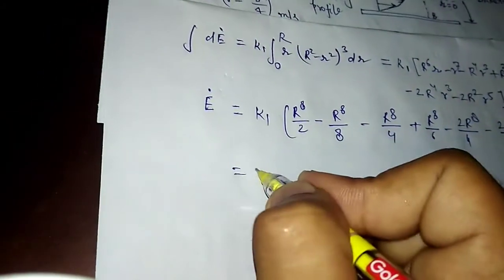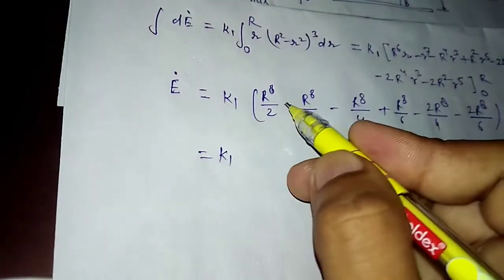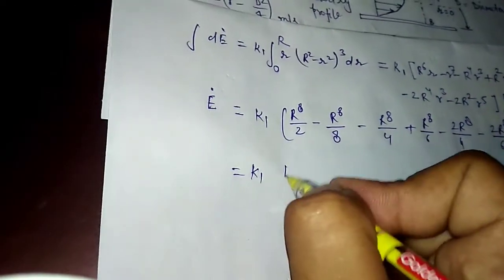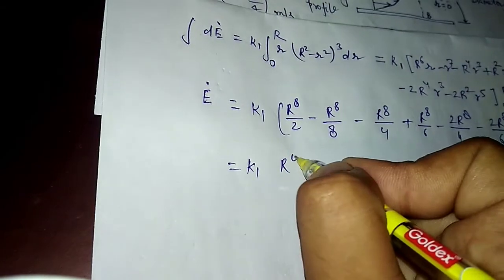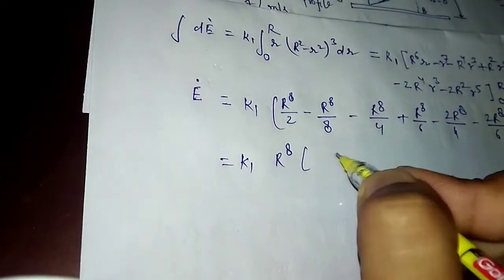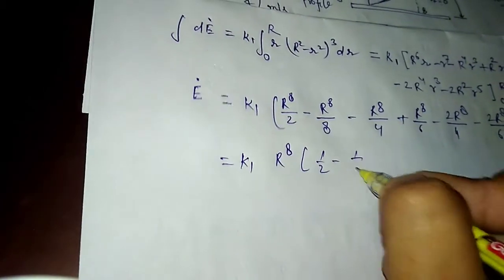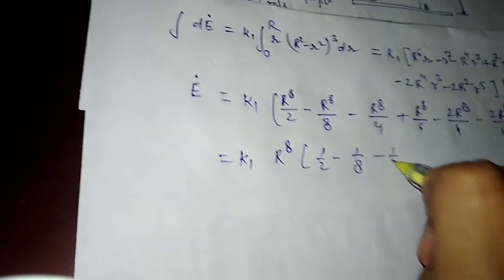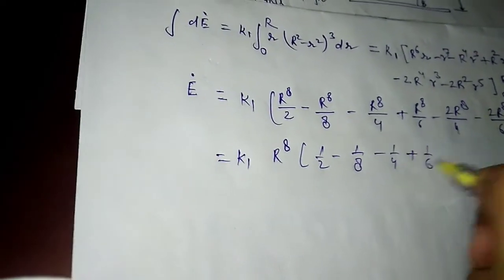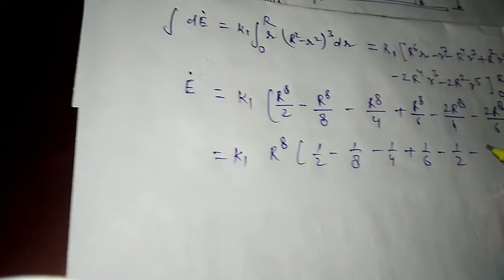Now taking R to the power 8 outside, this will be equal to R to the power 8 into (1/2 minus 1/8 minus 1/4 plus 1/6 minus 1/2 minus 1/3).